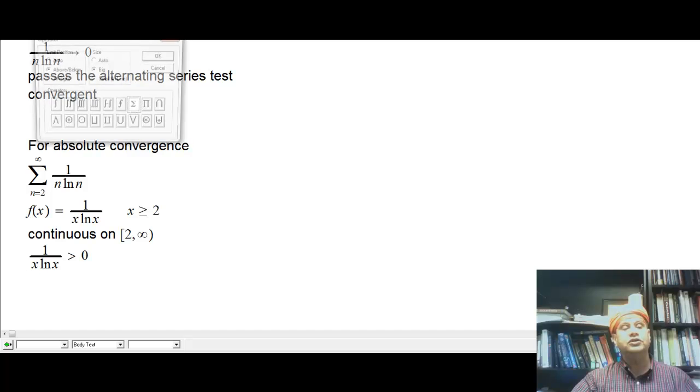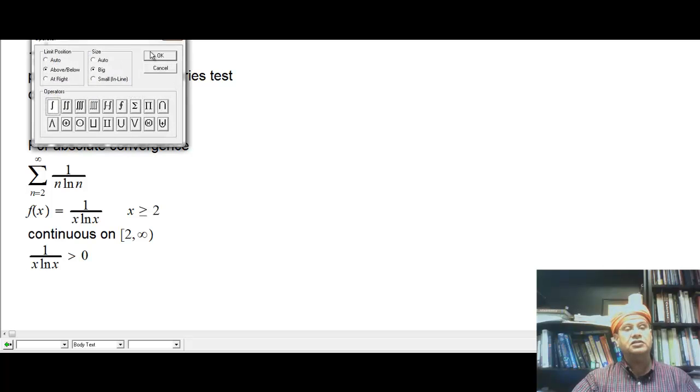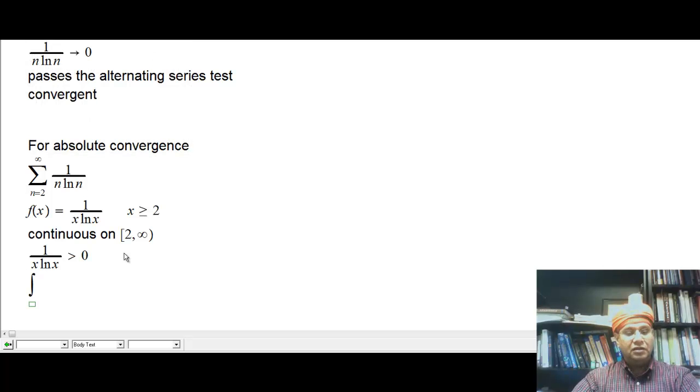It just tells you that if I look at this improper integral, then this integral and this series will have the same nature, right? Makes sense? And if you compute this integral with a substitution, what you will find is that it diverges, okay?